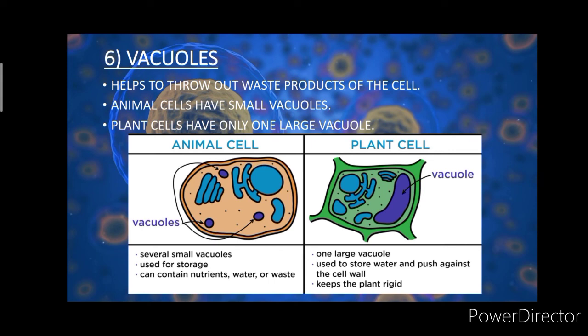When excess proteins, fats or glucose are produced in the cell, they are stored in vacuoles. It can also contain nutrients and water.